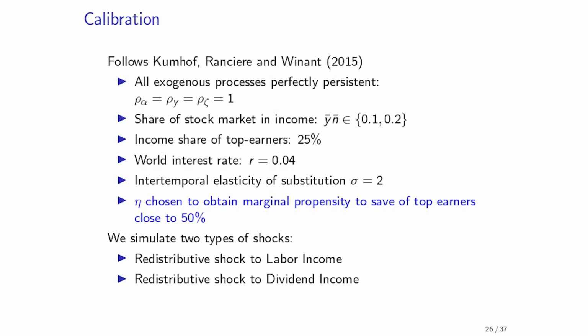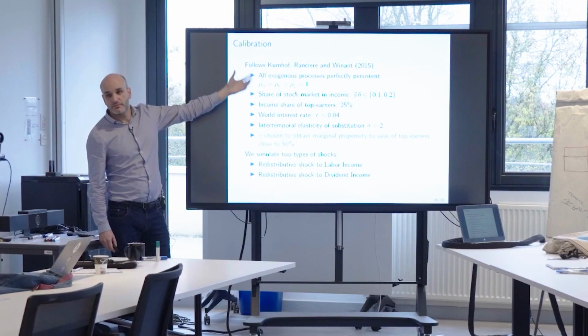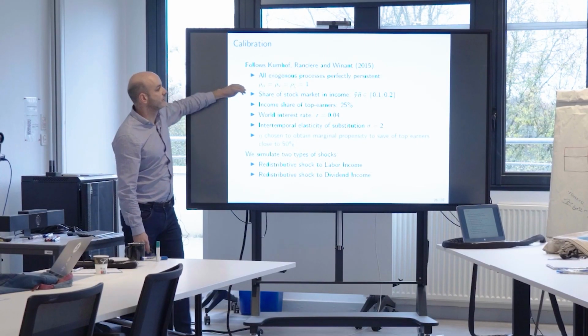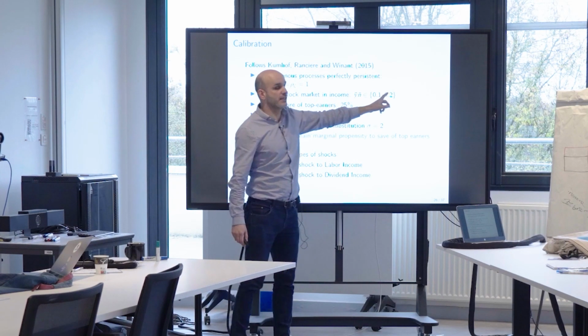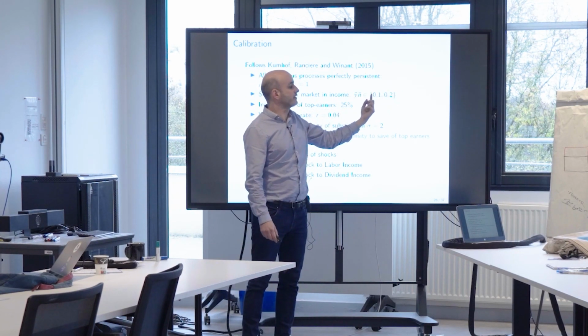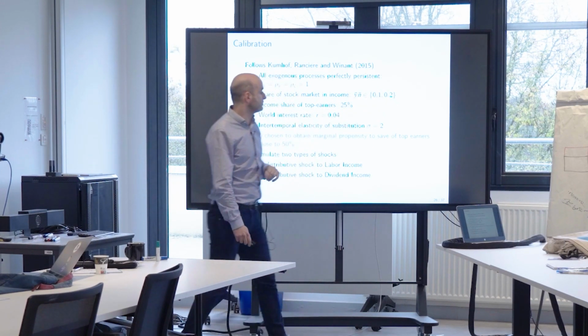Let me do the calibration. So the calibration is, for the sake of clarity, we have all the shocks perfectly persistent. It's not that we cannot do otherwise, it's just that we need a baseline. And then we look at 2 economies. One of them has a relatively high share of the stock market at 20% of GDP, and the other one is 10%. What is the alpha?